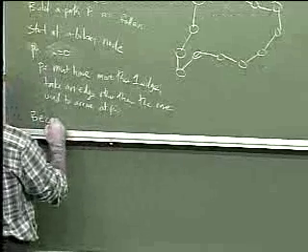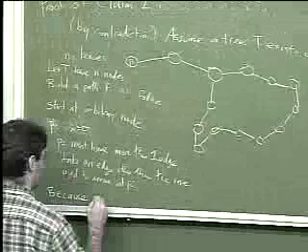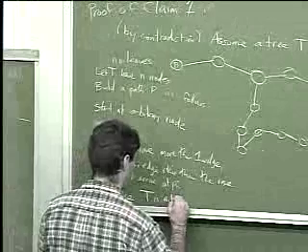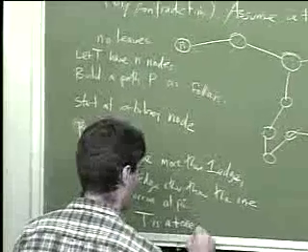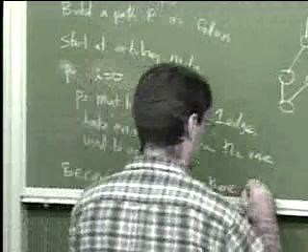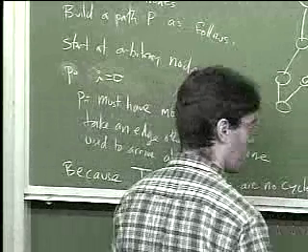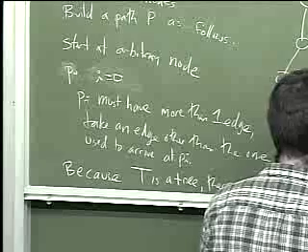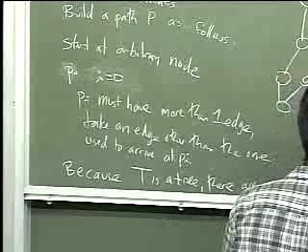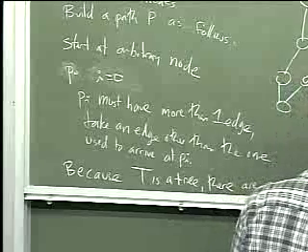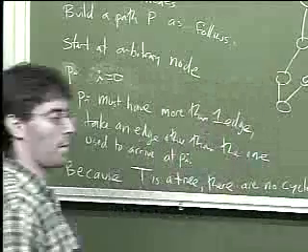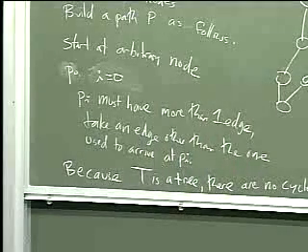Because T is a tree, there are no cycles. So P sub i plus 1 cannot equal P sub i minus 1, all the way back to P0.